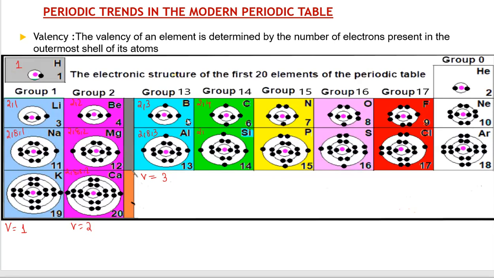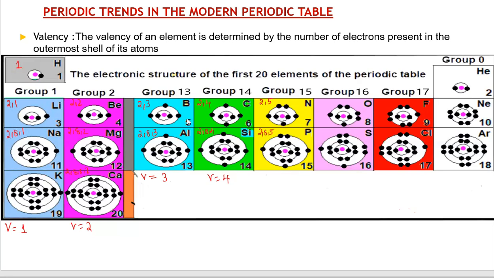Silicon, atomic number 14, 2, 8, 4. Their valency is 4. Nitrogen, electronic configuration 2, 5. Phosphorus 15, 2, 8, 5.